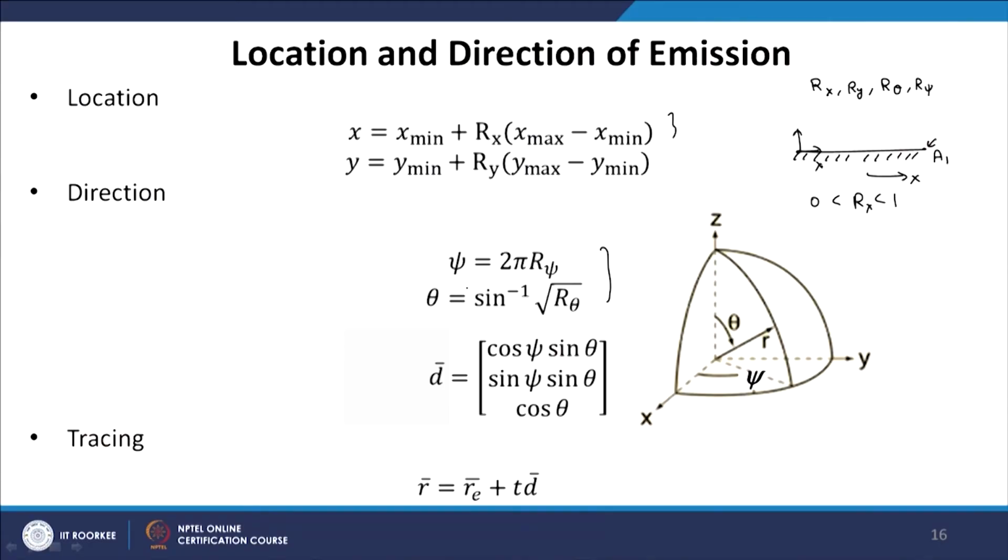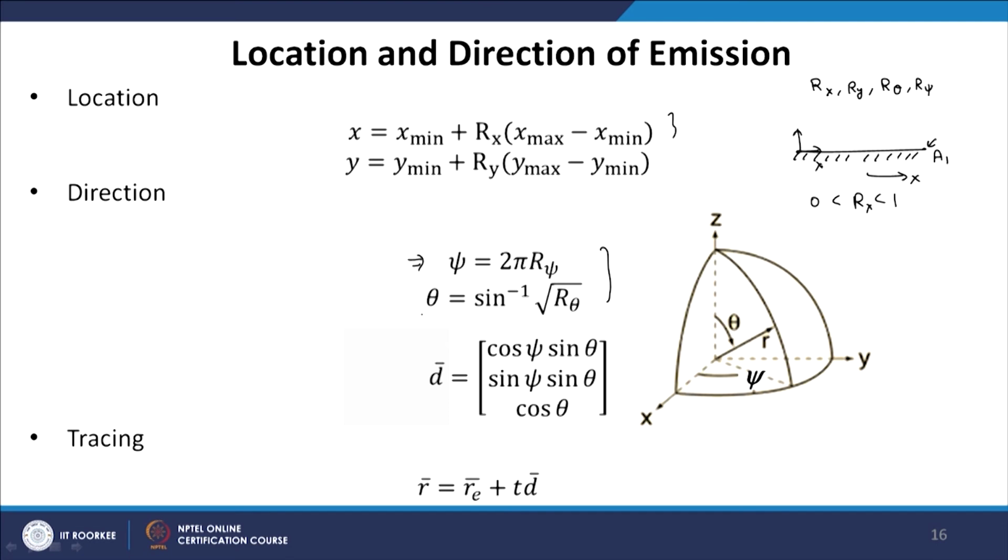So, we define a random direction psi as 2 pi R psi. If R psi happens to be 0, then basically we are emitting the photon in the x direction. If R psi happens to be 1, we are basically emitting the photon again in the x direction, because the complete angle is 2 pi.